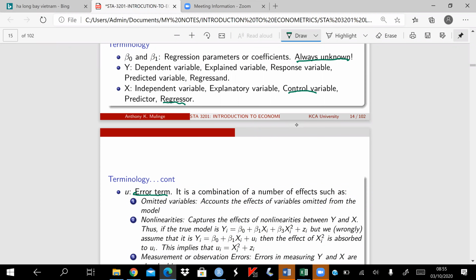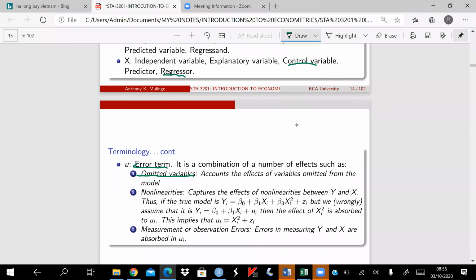If there are some variables that you've not captured in the model, their effect will be lumped up in the error term. Like in that example I've just given, if you're only predicting consumption using wealth, then the effect of all the other variables that actually affect consumption is captured under the error term. Those are omitted variables. Then we also have the error term capturing non-linearities.